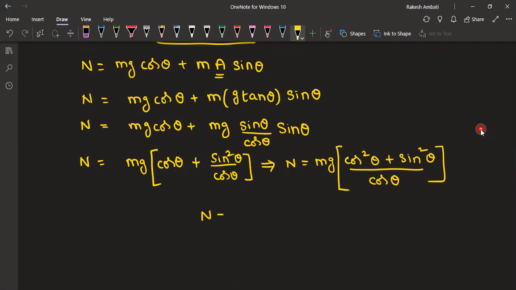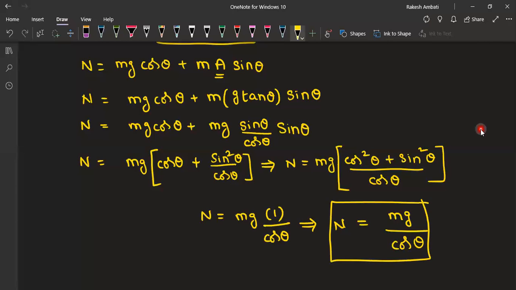Therefore, N equal to mg times sin square theta plus cos square theta, which is 1, upon cos theta. Therefore, the final equation for the normal force acting on the block is mg upon cos theta.